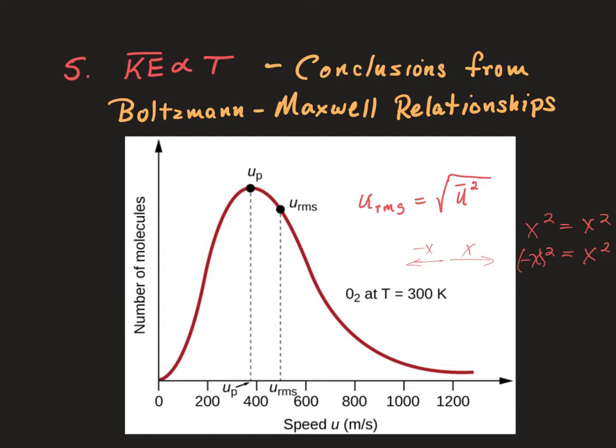And so if we take the positive square root of x squared, we get x. That's how we get this idea of a root mean square speed. We take the speeds of the molecules in all directions, positive and negative, we square them, which makes everything positive, and then when we take the square root, we get a positive average speed.